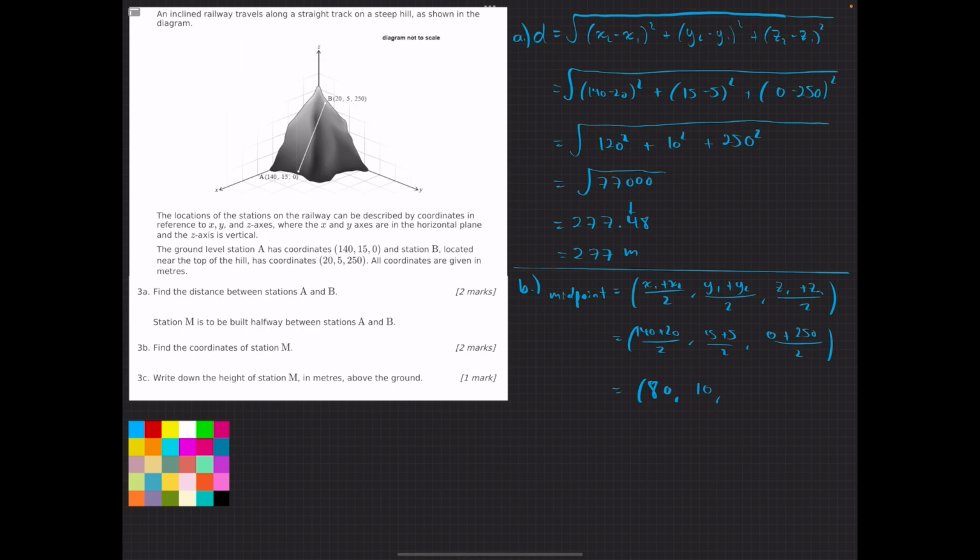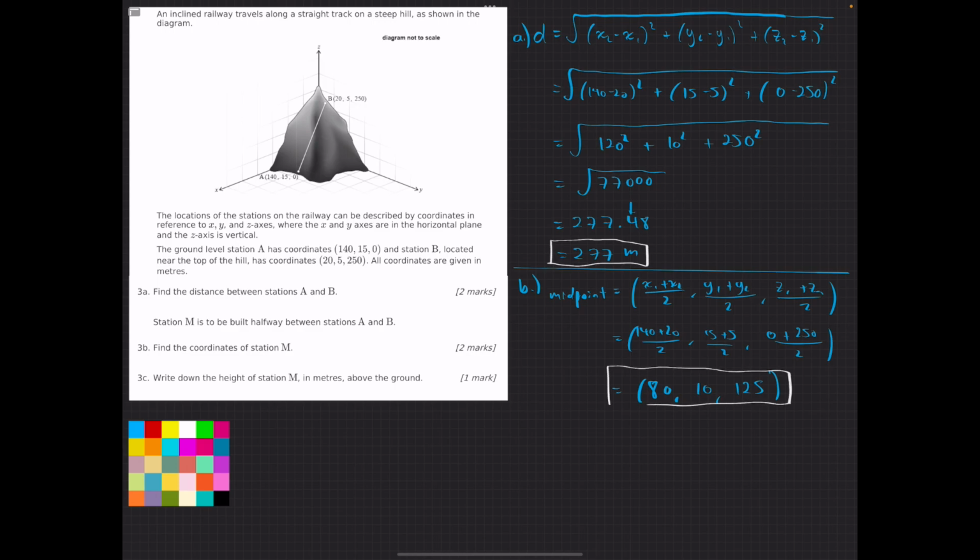And 250 over 2 is going to be 125. Yes, that's correct. This is our midpoint. I guess we can box our answers.